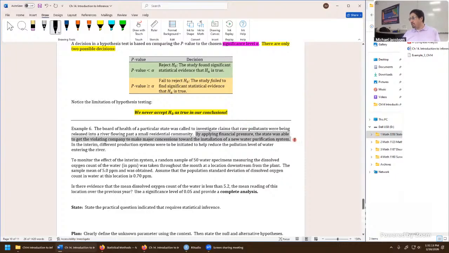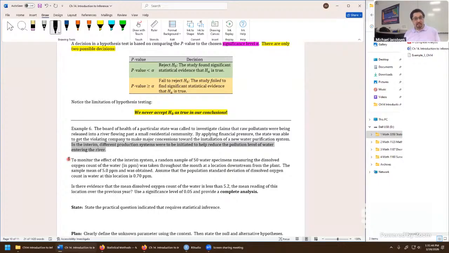The state kind of twisted their arm for this company and made them change their systems, some kind of new water purification. But it looks like this is going to take a while to install. It says in the interim, or otherwise you could say, meanwhile, while they're working on getting this new water purification system going, in the interim, different production systems were to be initiated to help reduce the pollution level of water entering the river.